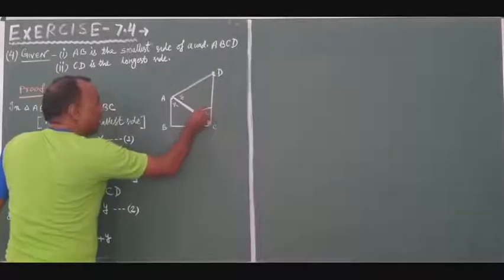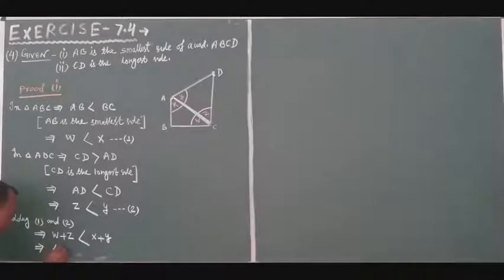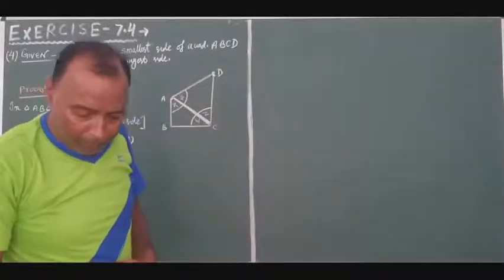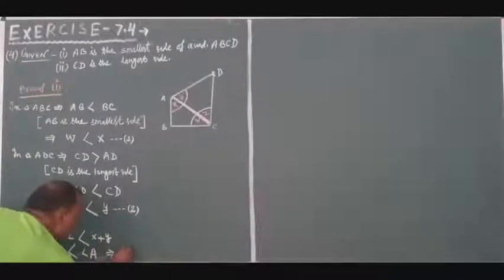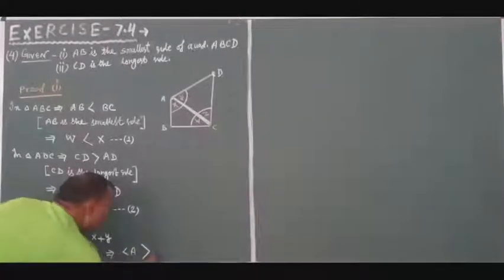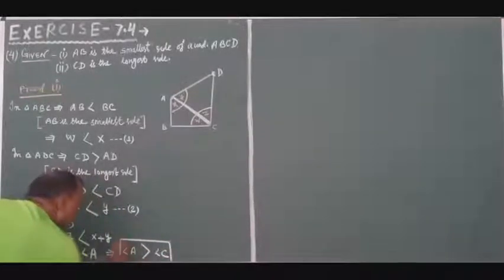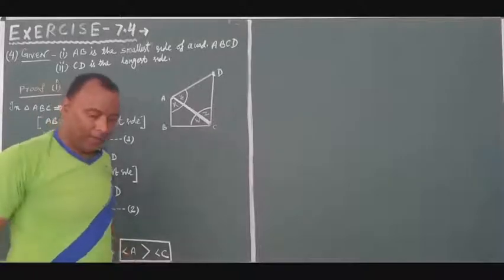C. And this is A. It means angle C is less than angle A, or you can say angle A is greater than angle C. So this is proved. First part is proved.